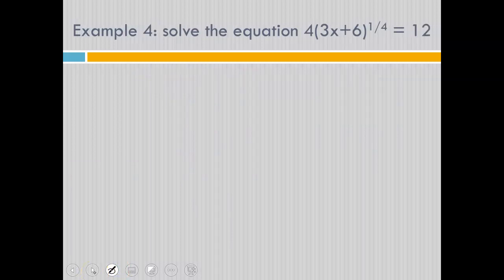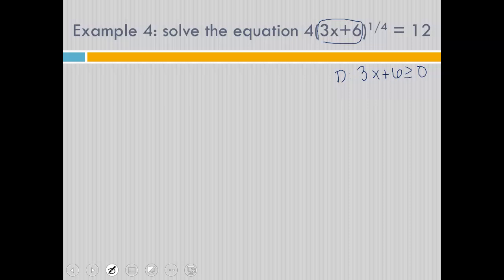A 4th root is like a square root. Your domain cannot be negative. So we are automatically restricted with the solutions that will work for this problem. A cube root has no domain restrictions.